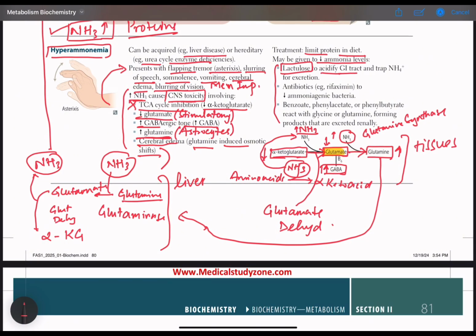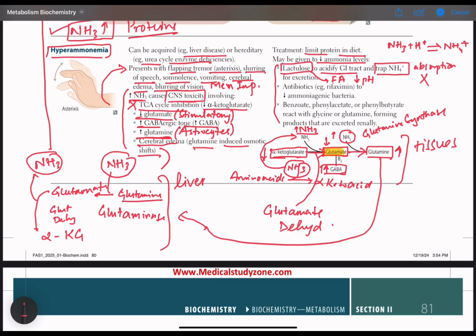The lactulose is metabolized to fatty acids, which decrease the pH of the GI tract, and thus due to decreased pH, since the pH is less than the pKa, the high hydrogen ions will convert ammonia into NH4 plus. The NH4 is impermeable, or the NH4 cannot be absorbed. Thus, the ammonia in our diet cannot be absorbed and is excreted.